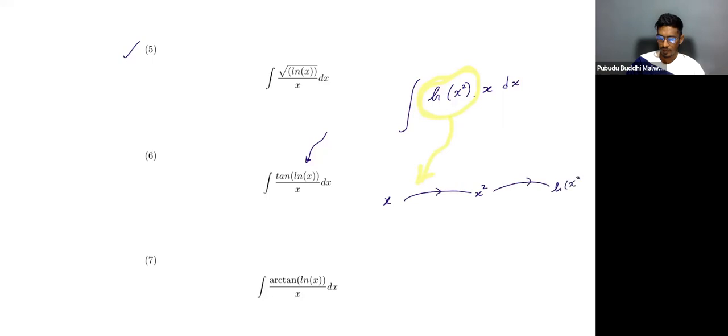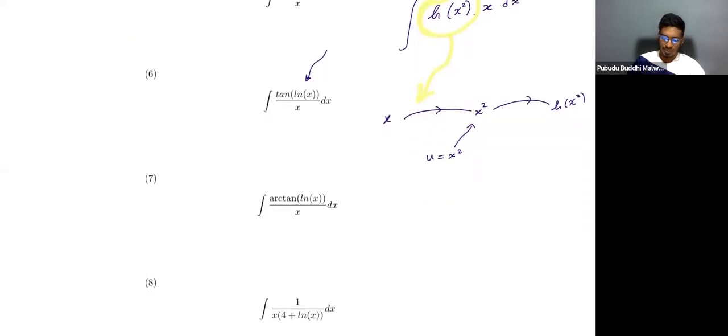In this case, the appropriate substitution should be u equals x squared, the inner function. So be careful when you are using this method. Always try to identify the inner function.